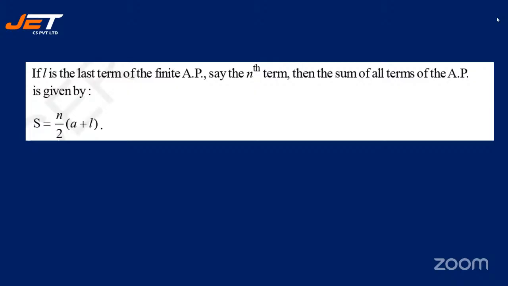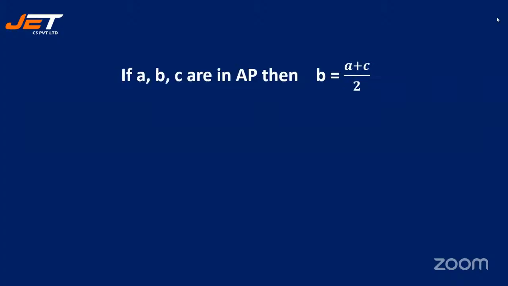If L is the last term of the finite arithmetic progression, say the nth term, then the sum of all terms is given by S is equal to n by 2 into (a plus L). Now a very important concept: if A, B, C are in AP, then B is equal to (A plus C) by 2.